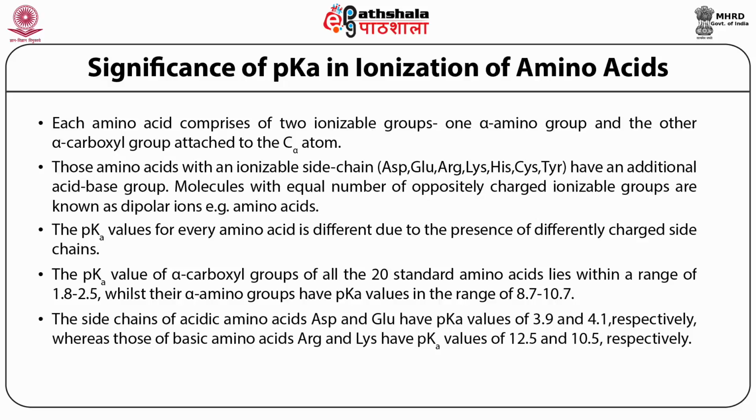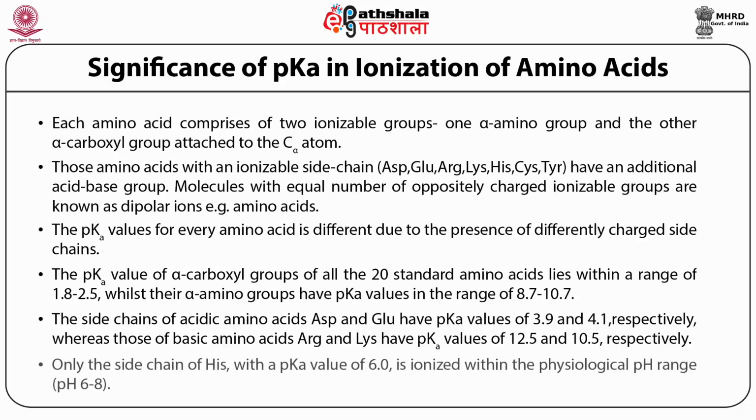For example, aspartic acid has a pK of 3.9, glutamic acid has a pK of 4.1, while arginine has a guanidinium group with a pK of 12.5, and lysine has an epsilon amino group with a pK of 10.5. The only side chain, that of histidine, has a pK value of 6, which is close to physiological pH.